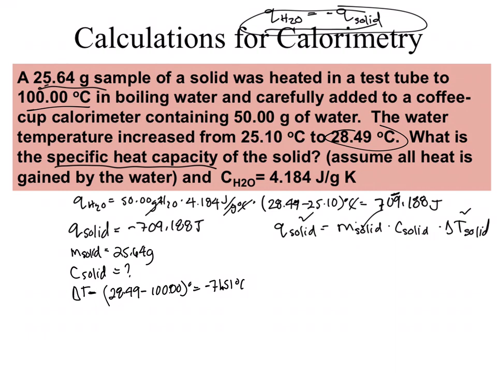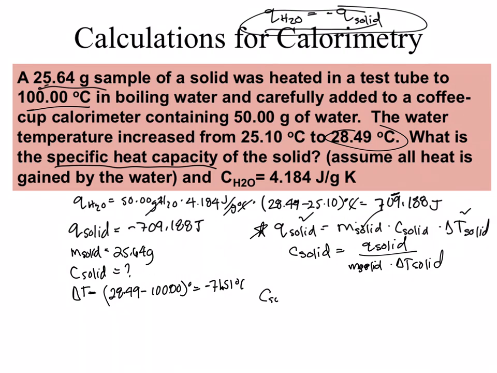Now, if we go ahead and we manipulate the equation here, we can get C solid all by itself. So our specific heat capacity of our solid is going to equal the Q of our solid divided by the mass of the solid times the delta T of the solid. And we can go ahead and plug in our variables.